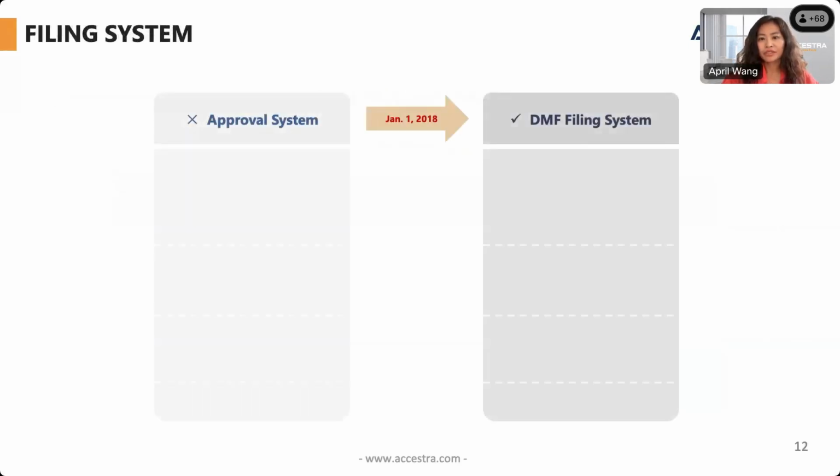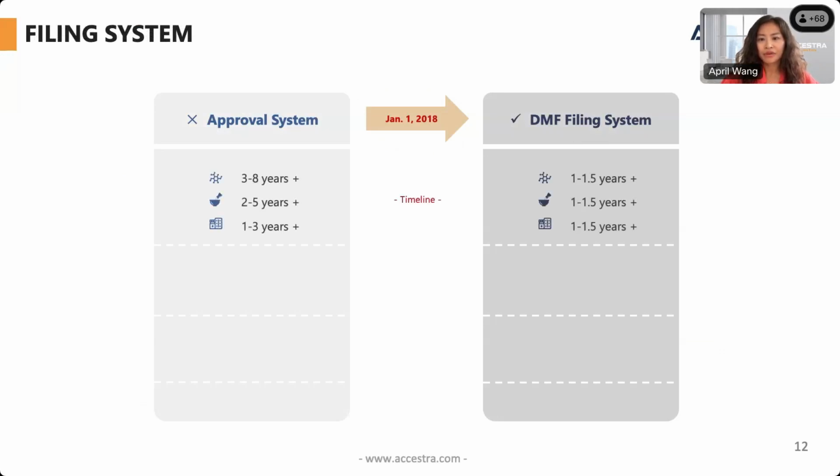And comparing to the old approval system, the new DMF filing system has the following differences. First, the timeline of approving AEP has remarkably shortened from up to several years to now around 1 to 1.5 years.